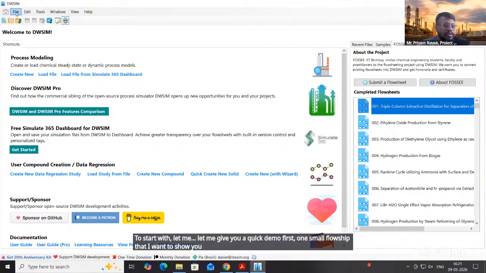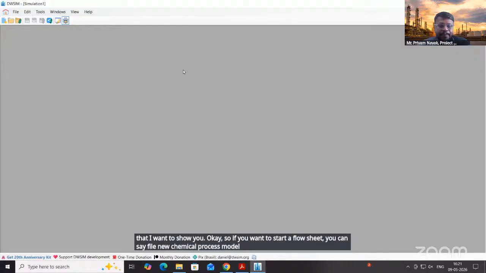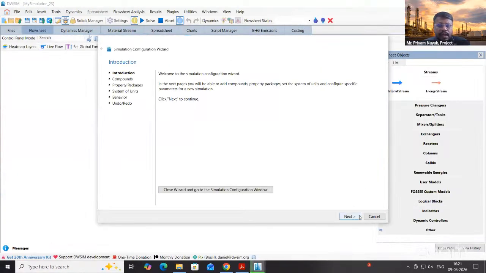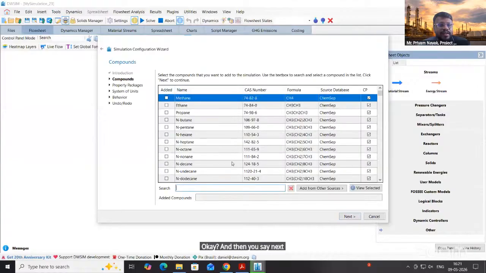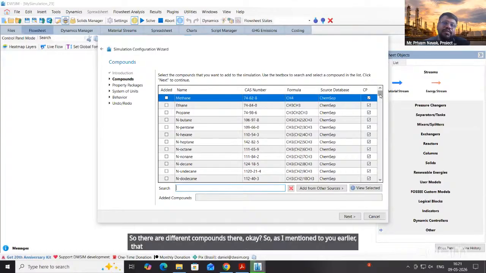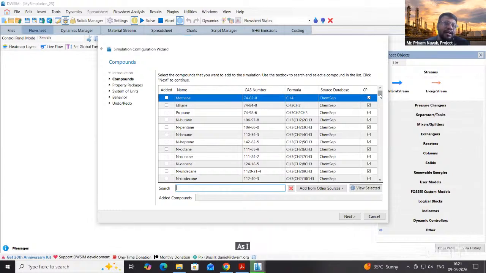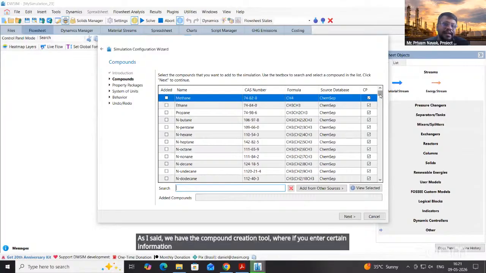If you want to start a flow sheet, you can say File, New Chemical Process Model, and then you say Next. There are different compounds here. As I mentioned earlier, one limitation of DWSIM is that it doesn't have a huge database as you see in Aspen Plus or Pro/II. But as I said, we have the compound creation tool where if you enter certain information, DWSIM will generate the compound for you, and you can use it further in your simulation.